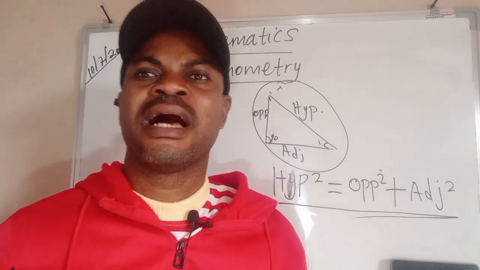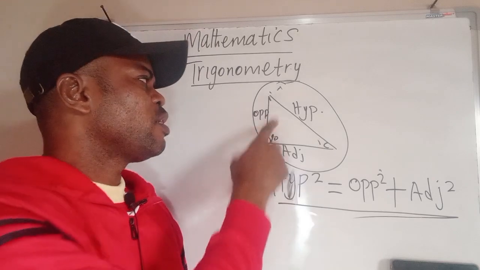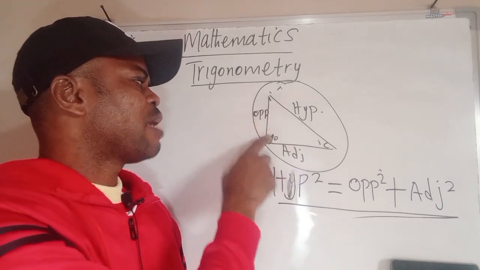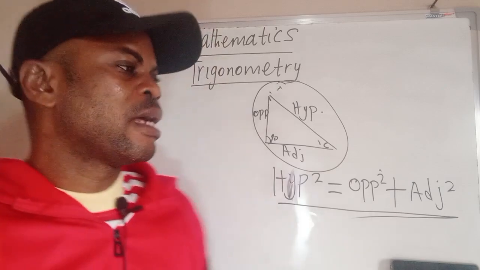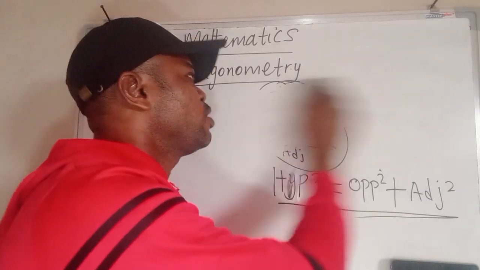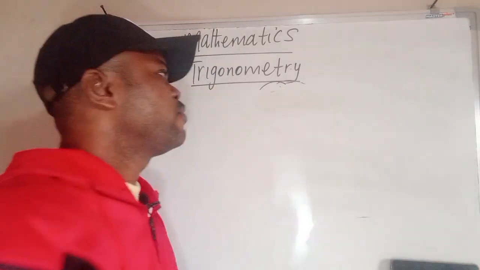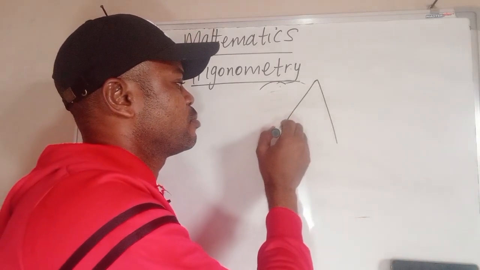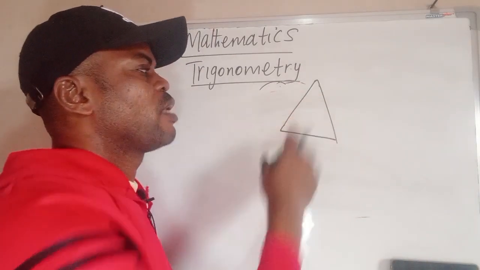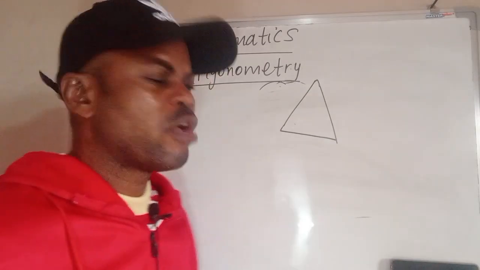If we find out that the triangle we're dealing with is not a right angle triangle, that means this point is not 90. What comes to mind if the triangle you're dealing with is of this shape? Of course, none of this is up to 90. This can be regarded as an acute triangle.